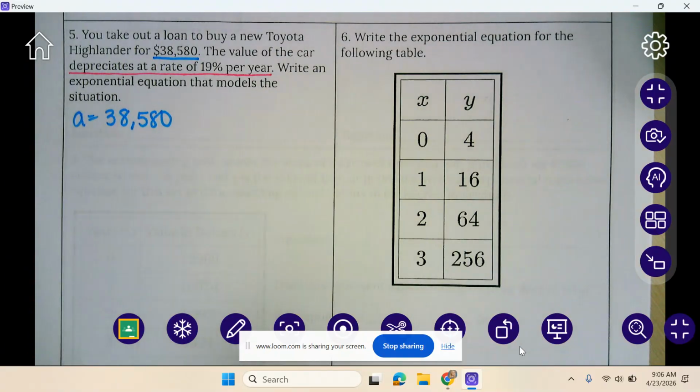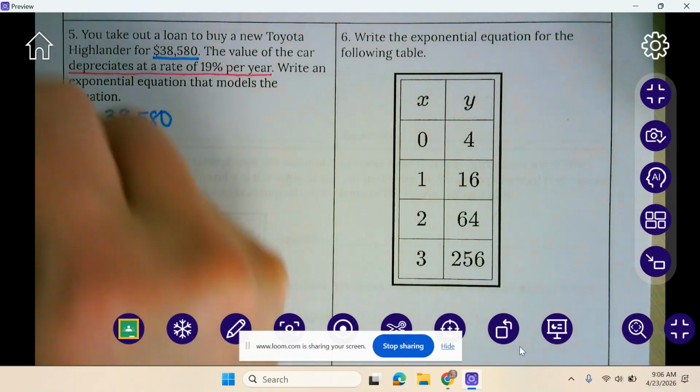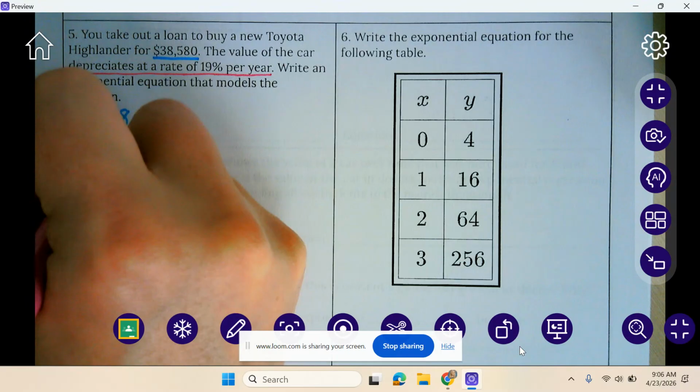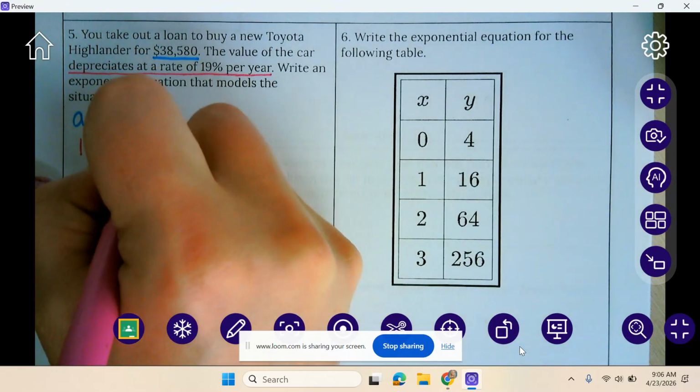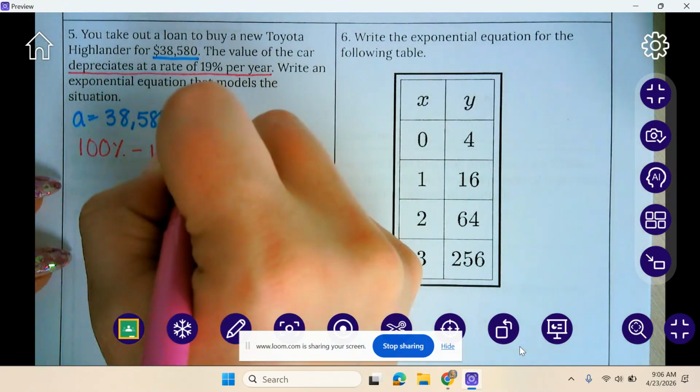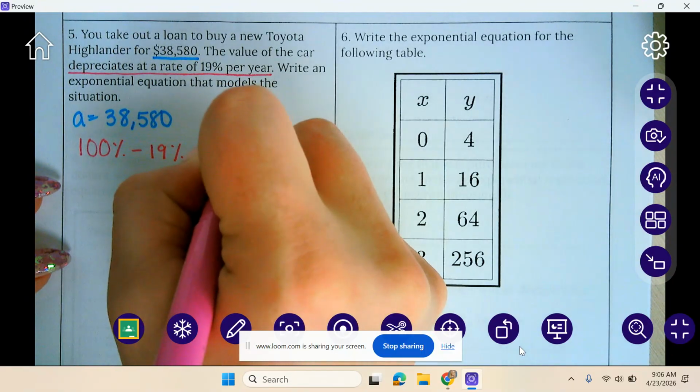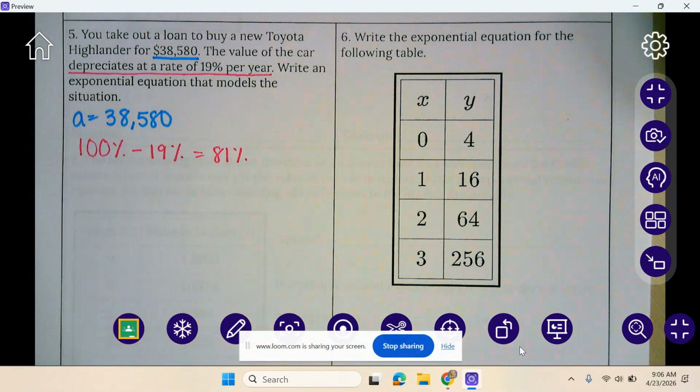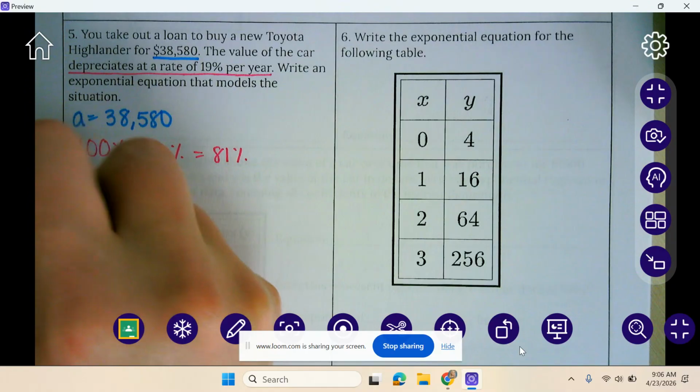Decreasing means decay, yes. So when we have percents, we're either going to add it to 100% or subtract it from 100%. Do you think we're going to add or subtract if it depreciates? Subtract. So it's 100% minus 19%, and that gives us 81%. There are two ways you could go about this.